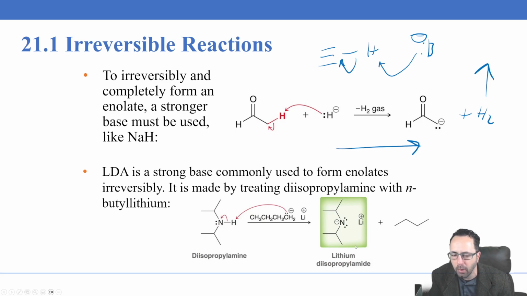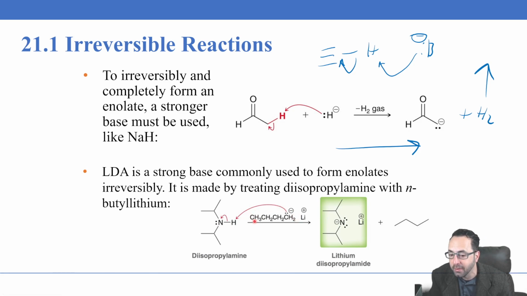And so for practical purposes, a compound like this, a larger ionic compound, could be useful as a base rather than amide. It's made here by treating diisopropylamine with butyl lithium.